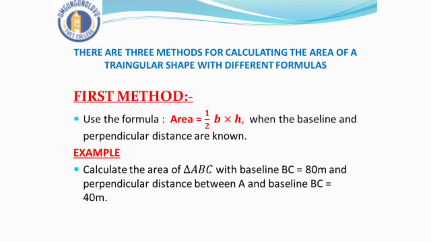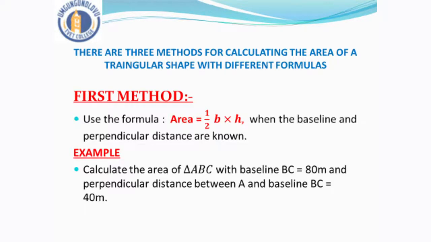Calculate the area of the triangle ABC with the baseline BC equal to 80 meters and the perpendicular distance between A and baseline BC equal to 40 meters. Here we've got the baseline, which is 80 meters, as well as the perpendicular distance, which is 40 meters.